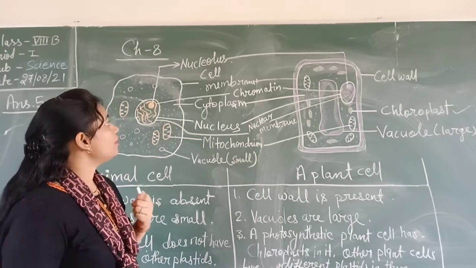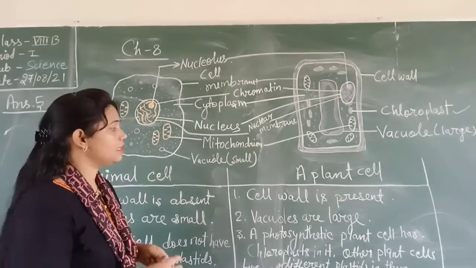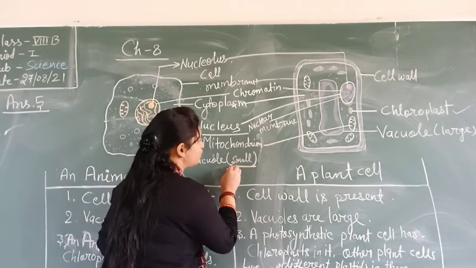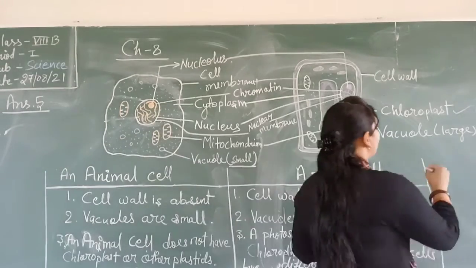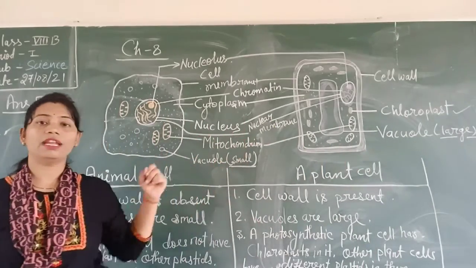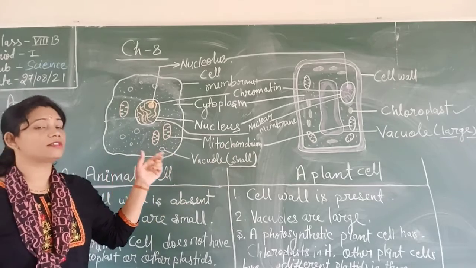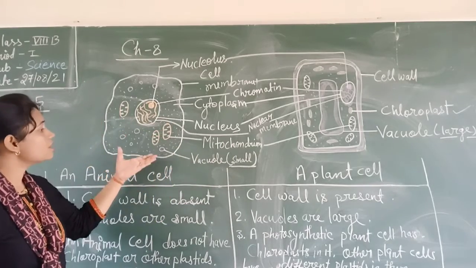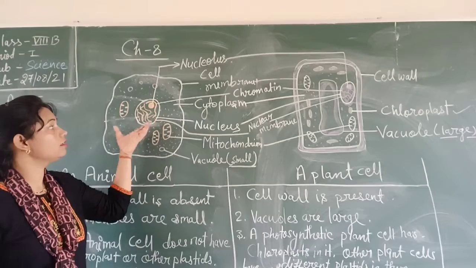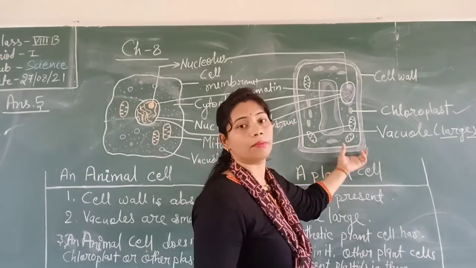Now what remains? Vacuoles. So vacuoles you can see in bracket small is written here and in bracket large is written here. So what is the difference between animal cell and plant cell? In case of vacuoles, vacuoles are small in size in animal cells and vacuoles are large in size in plant cells.